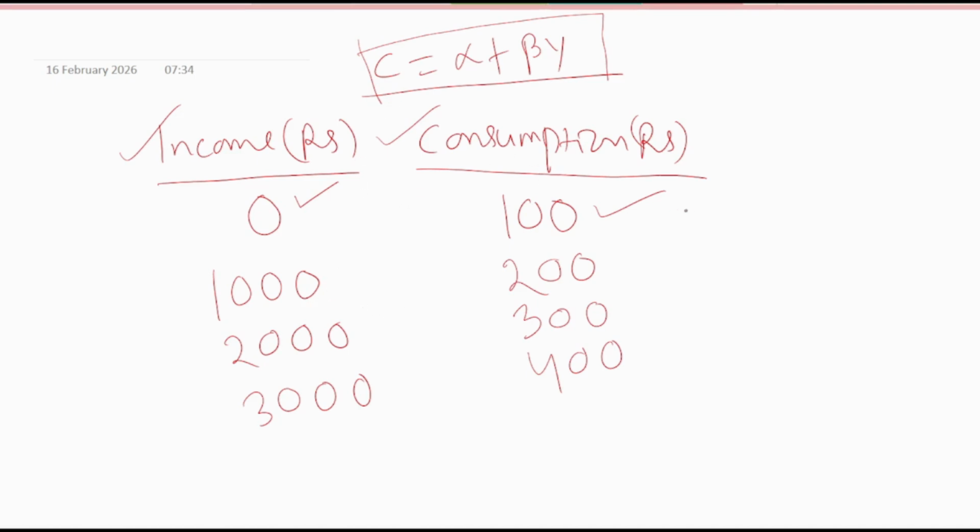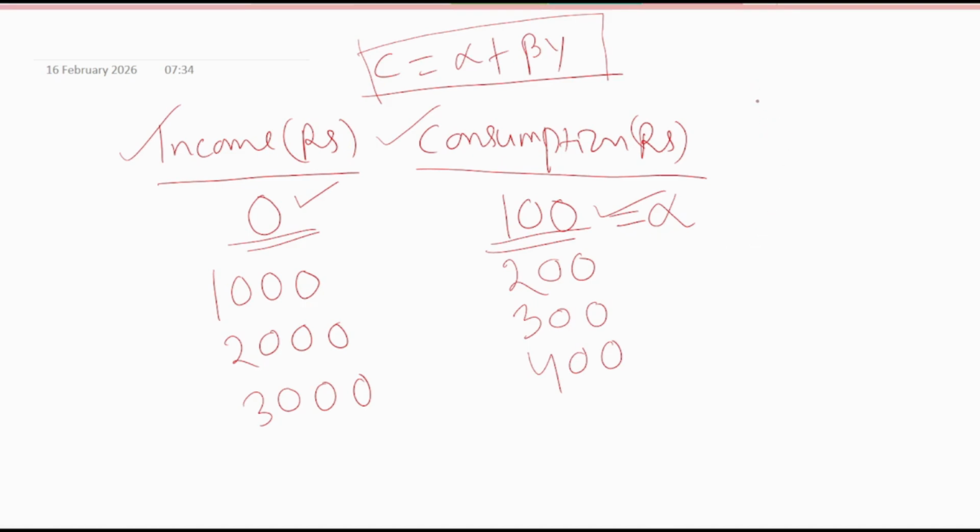Given this data, we can say that alpha value, which is the value of the consumption when income equals 0, is the autonomous consumption. We can say when income was 0, the consumption was 100. So it is the value of alpha or autonomous consumption.